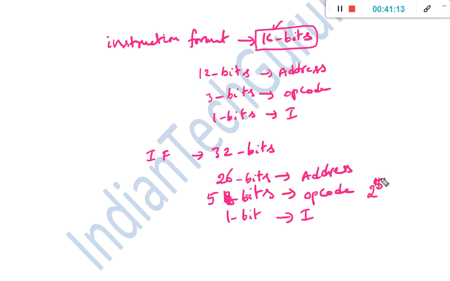Then there will be 2 power 5 operation codes. The conclusion is, always remember that the number of bits given for a particular instruction format is not fixed. It may be 16 bits, it may be 32 bits, it may be even 64 bits, according to the implementation of the computer system.